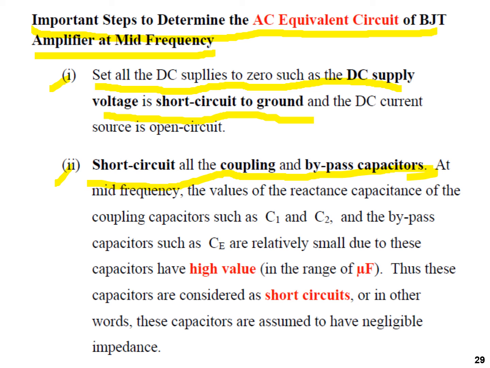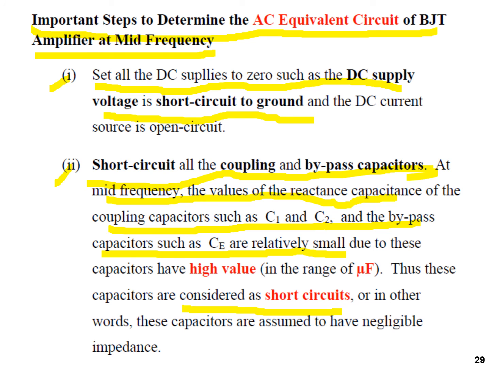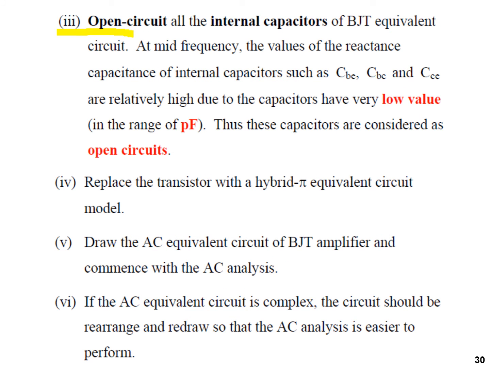At mid frequency, the reactance of the coupling capacitors such as C1 and C2 and the bypass capacitor such as CE are relatively small and considered as short circuits. Third, open circuit all the internal capacitors of the BJT equivalent circuit.